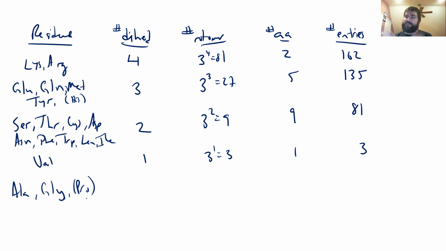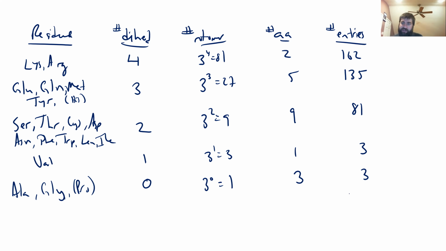When we have a fixed backbone structure, it is largely going to be the case that proline is fixed in its structure. So we're going to consider these to be the cases where we have no dihedral angles. 3 to the 0. This doesn't mean that there's nothing we need to account for. It means that there's 1 choice for each amino acid. There's 3 of these amino acids, so this is another 3 entries.